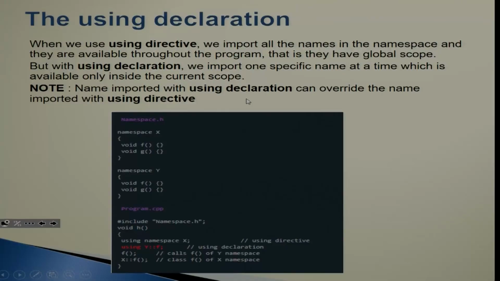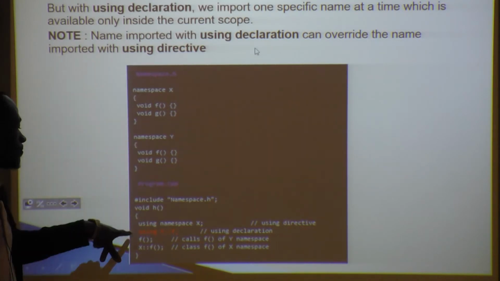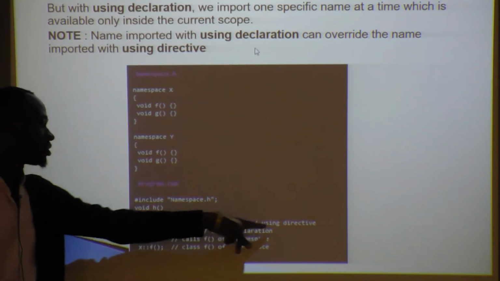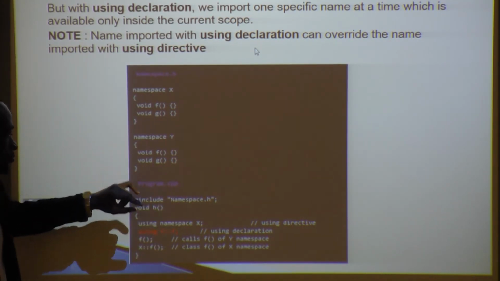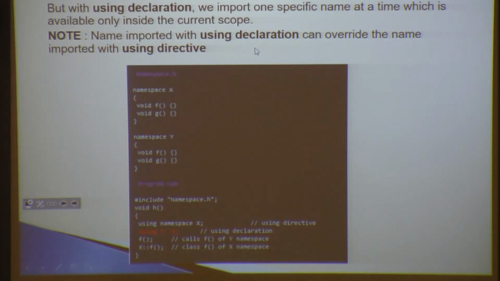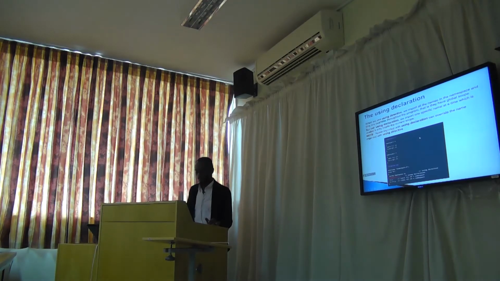And then the other one is using declaration. What is happening here is, remember, with the directive you use everything, and then the using declaration is you telling it to forget that.